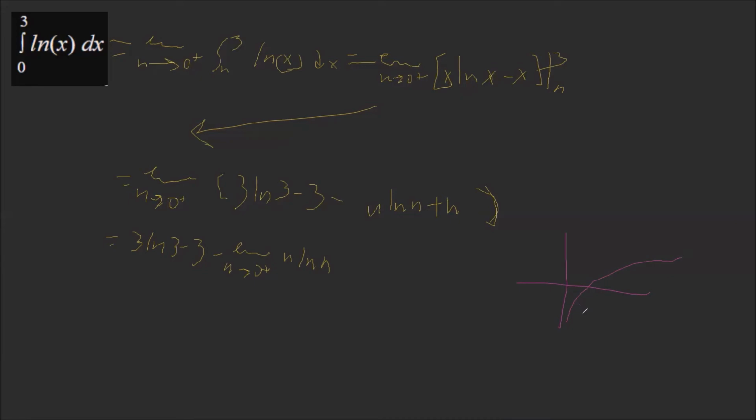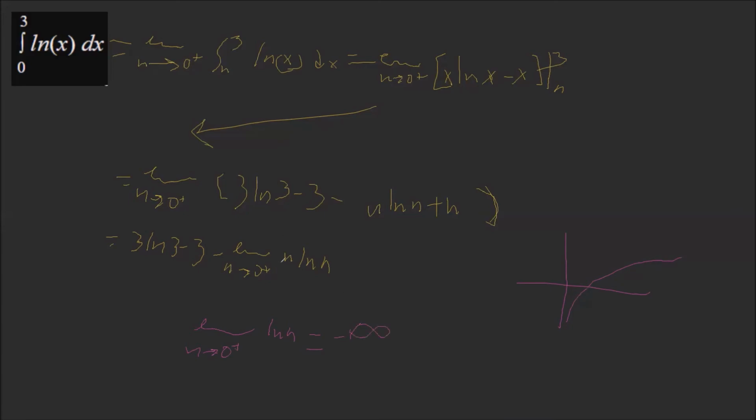Now, as we come closer to 0, our value becomes closer and closer to negative infinity. So when we're taking the limit as n approaches 0 from the right of natural log n, that's really equal to negative infinity. So over here, I'm going to write that the limit as n approaches 0 from the right of natural log n is equal to negative infinity. Now, this itself doesn't make a term indeterminate.